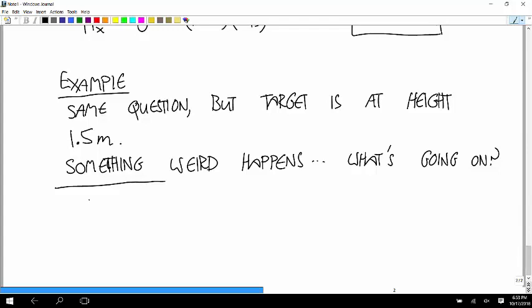Okay, so I'm going to use the same time equals 0, time final, all that stuff. So what we know and what we want. We don't know time final. We know the acceleration.